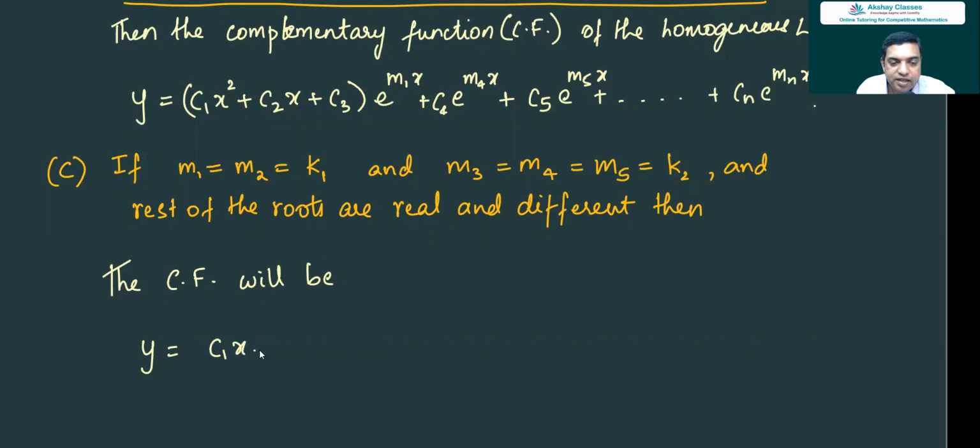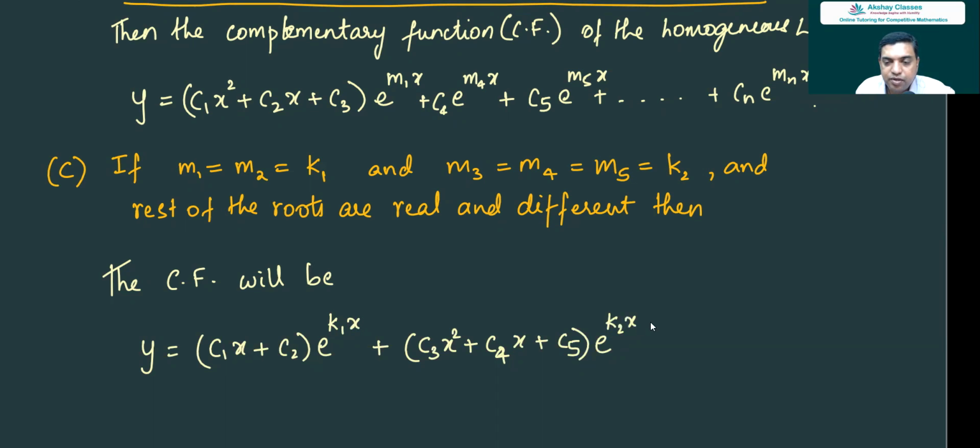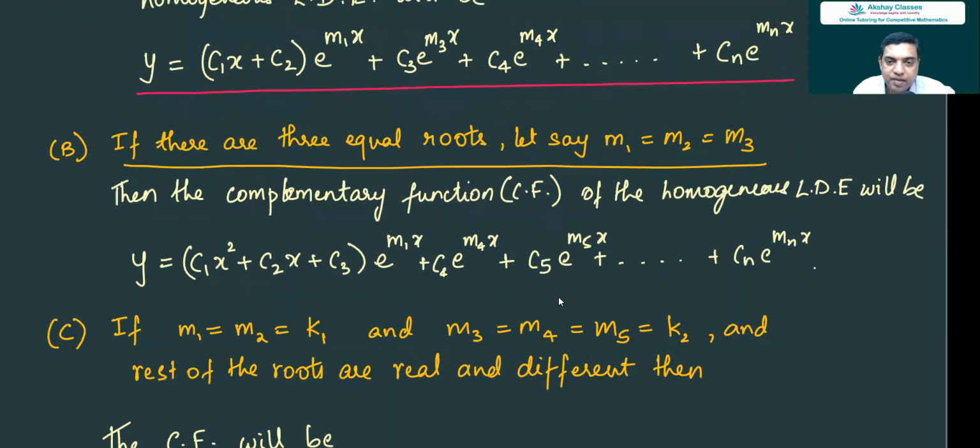So you get (c1x plus c2) e power k1x, because m1 equal to m2, plus now three are equal, m3, m4, m5, so (c3x square plus c4x plus c5) times e power k2x. If three roots are equal, it will be of this form.